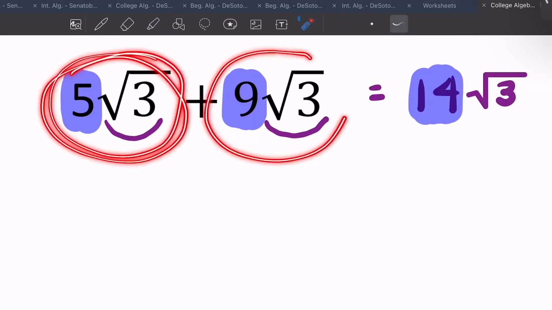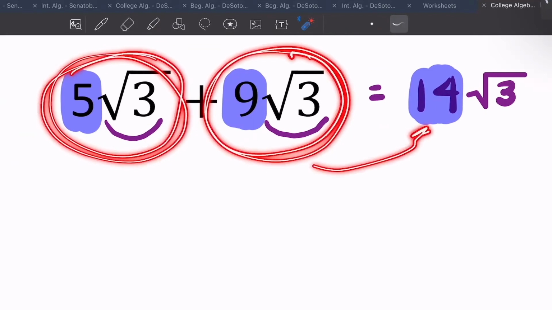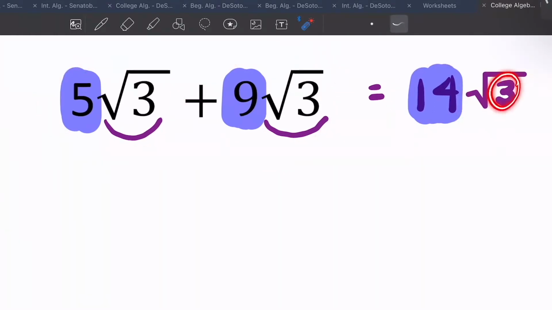And you gave me 9 more of them. Well, that just changed the fact that I now have 14. It didn't change the fact that I still have square roots of 3's, right? It only changed how many of them I have. So your square root of 3 does not change. Only the amount of them that you have changed, okay?